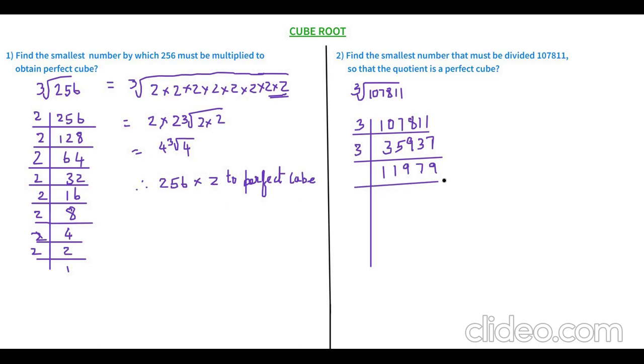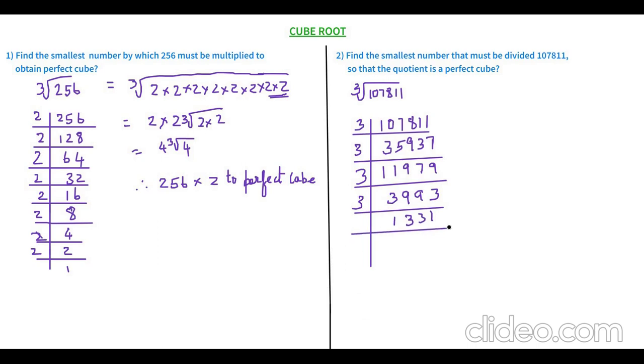And this is again divisible by 3, so we get 3,993. This is a very easy number. You can directly see that it is divisible by 3. So we get 1,331.